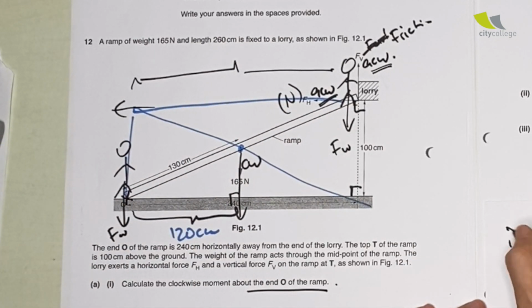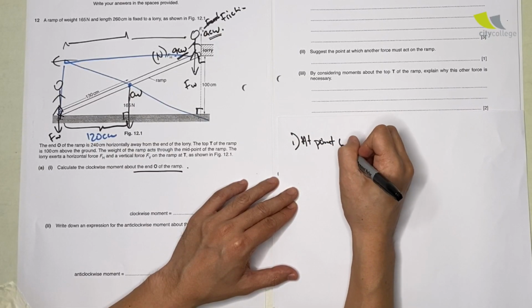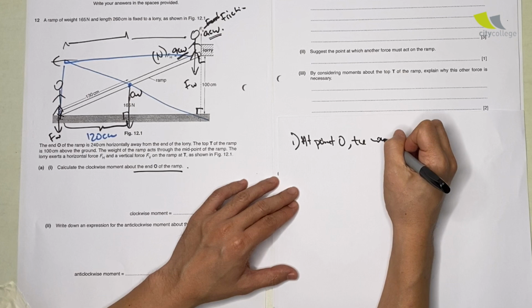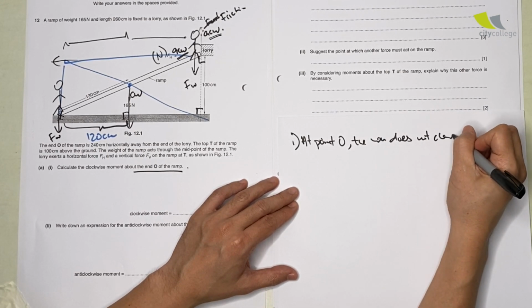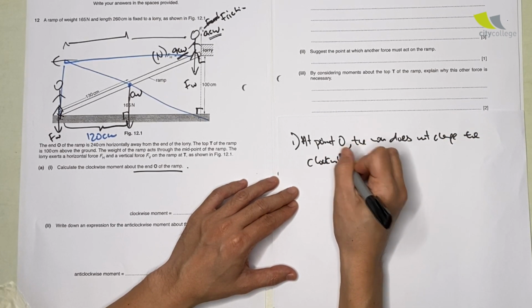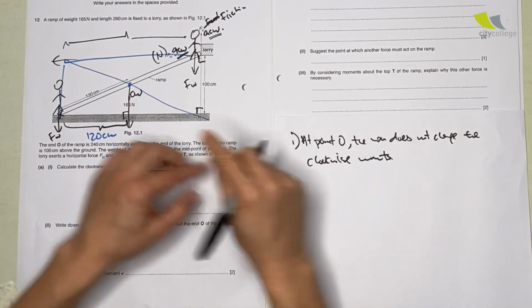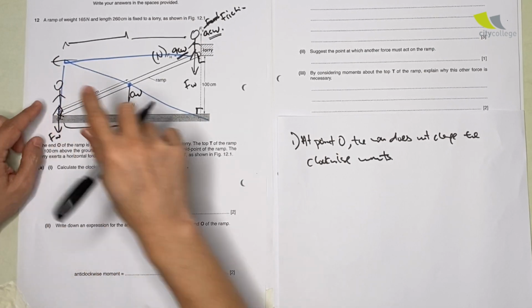So let's write down the answer. At point O, the man does not change the clockwise moments, because over here the distance is 0, so force multiplied by 0 is 0.